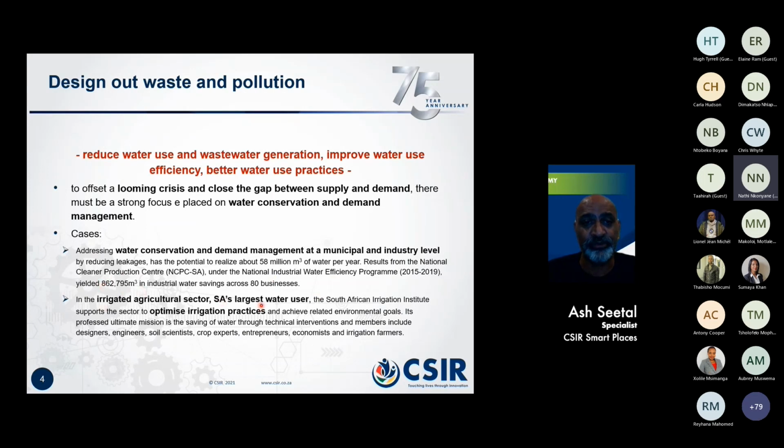In the largest water use sector, the agricultural sector, the South African Irrigation Institute provides support to optimize irrigation practices. They draw their membership across a range of designers, engineers, soil scientists, crop experts, etc. But their professed ultimate mission is the saving of water through technical interventions. They do a lot of training, etc.